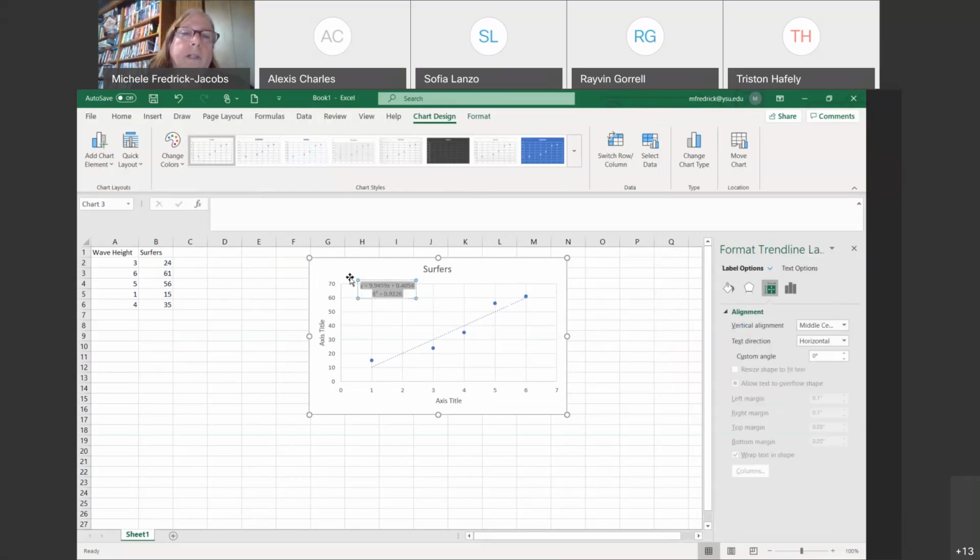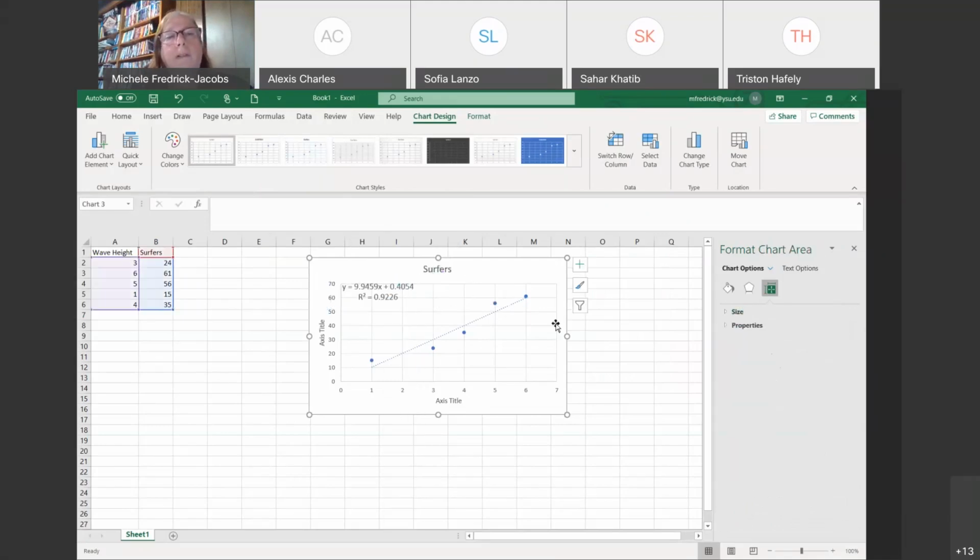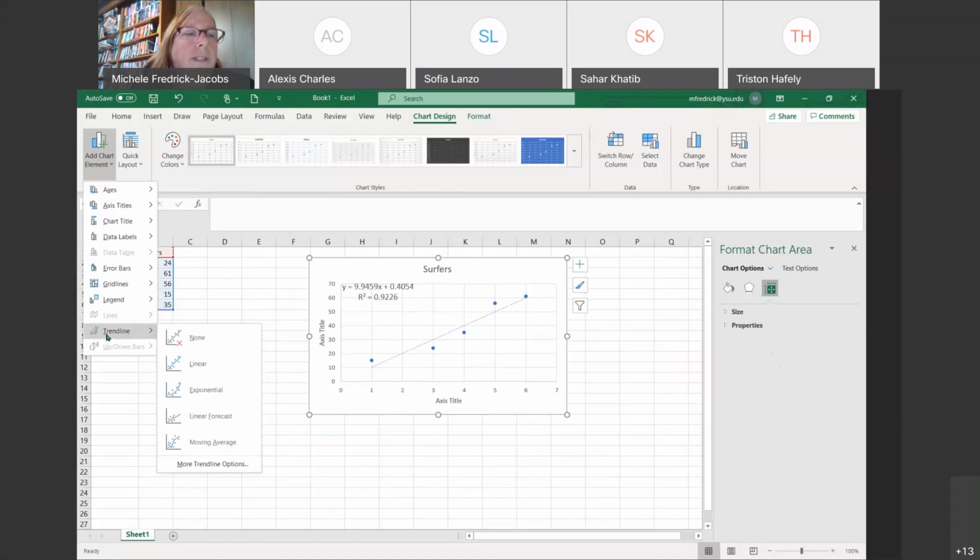And you can highlight it and make it bigger. Wait, how did you get the equation to show up? Whoa, that's way too big. So to get the equation to show, I went under chart elements, trend line, and more options.